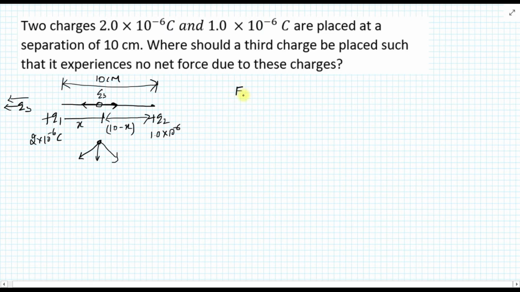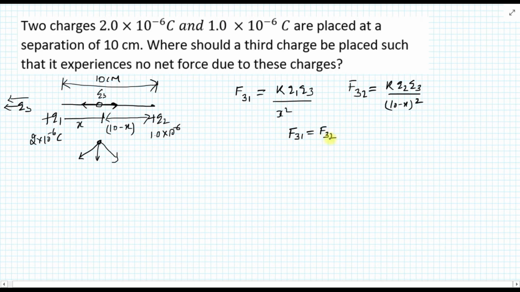So I'll say F on 3 due to 1 is going to be K q1 q3 upon x square, whereas F on 3 due to 2 is going to be K q2 q3 upon (10 minus x) square. So we have to find the position x where F31 is equal to F32 in magnitude, right? The direction will be opposite to each other, but the magnitude is the same.